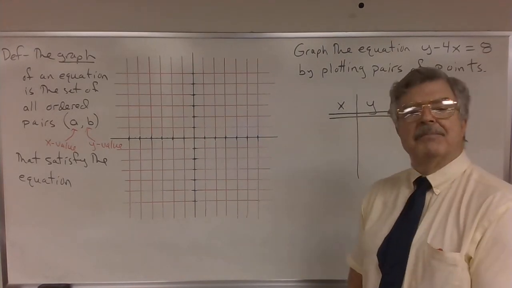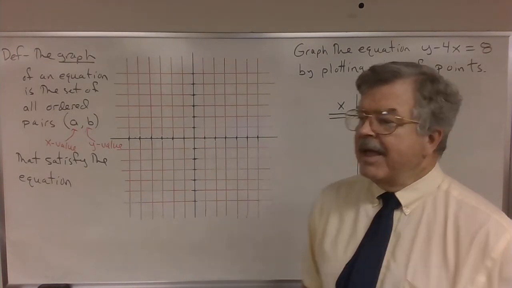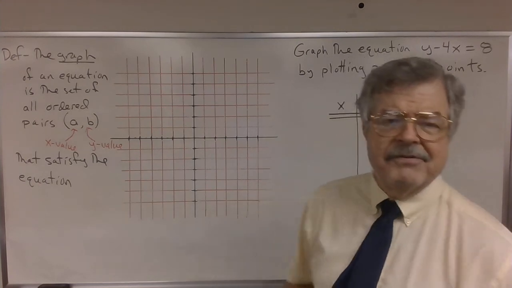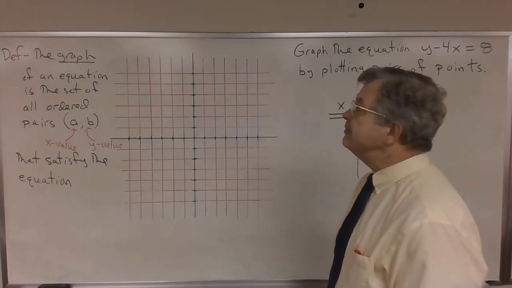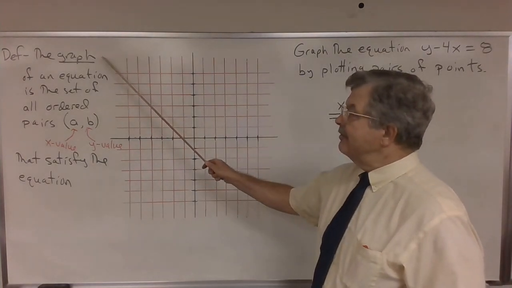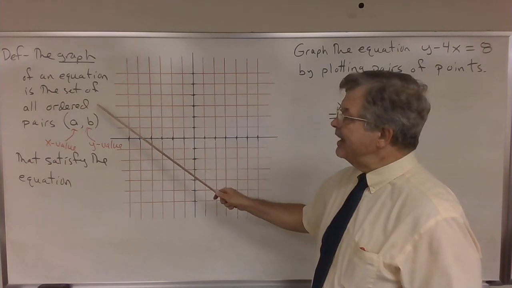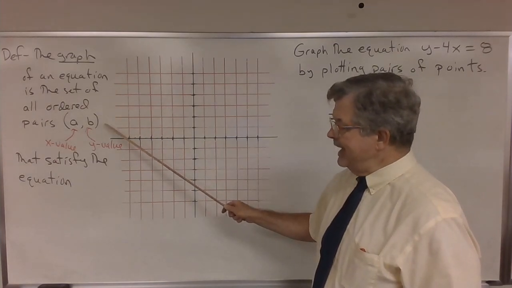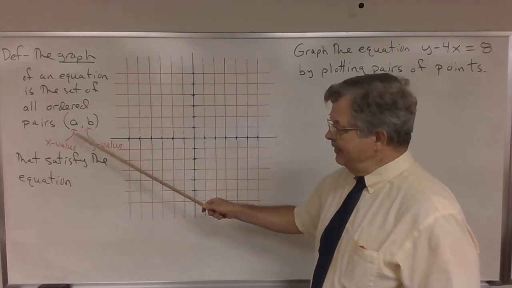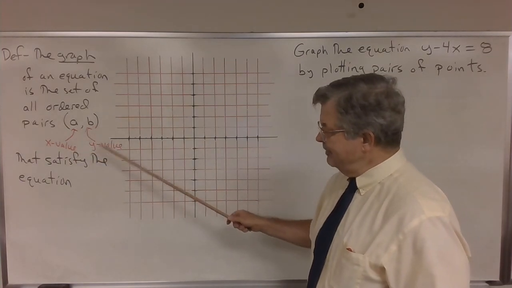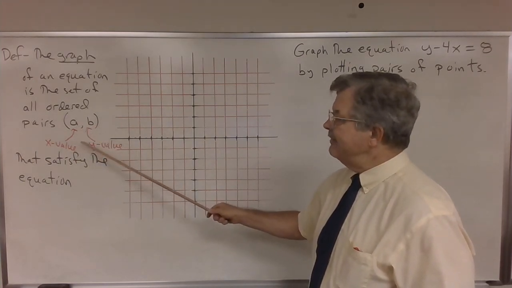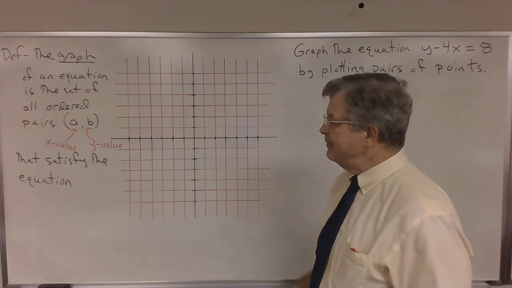Okay, we're going to do a little bit of graphing now. And I guess I should actually define what a graph is. The graph of an equation is the set of all ordered pairs AB, where A is an X value and B is a Y value.